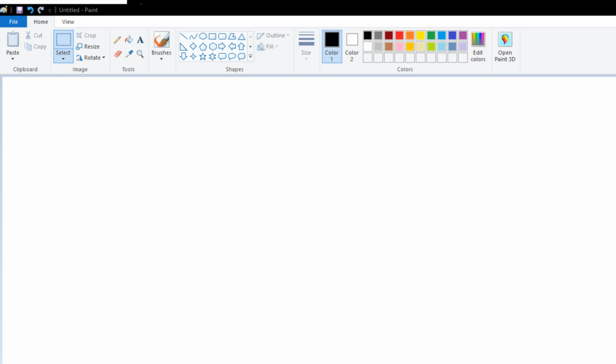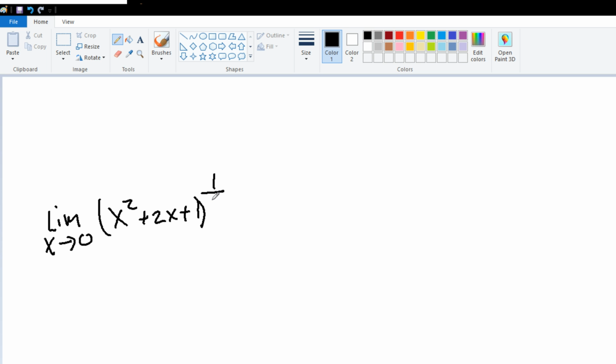Okay. So let's move on to our next problem. This is another limit problem. I'm just going to write the limit over here. We have the limit as x goes to 0 of x squared plus 2x plus 1 raised to the 1 over x squared power.